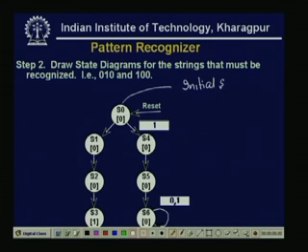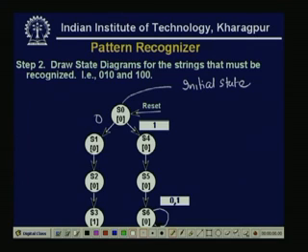Then, if a 0 has arrived, it will be a new state. If a 1 has come, then, because it is a one-input machine, either 0 or 1 can come. If 0 comes, it is S1; if a 1 comes, then it is S4.